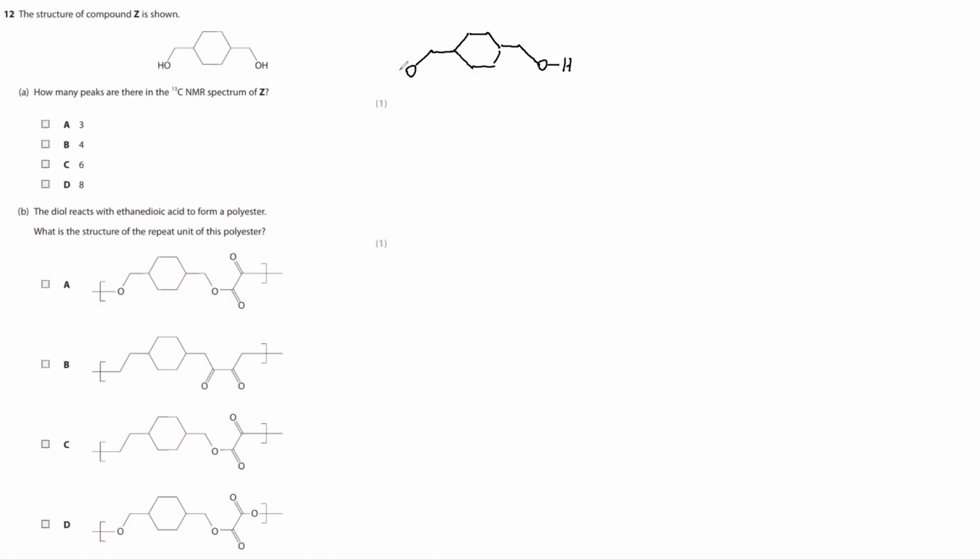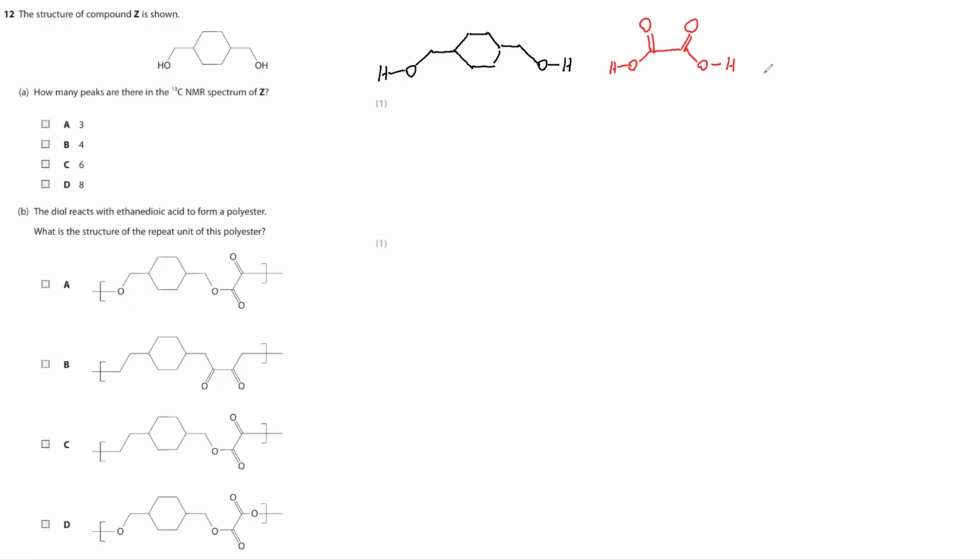I just expand this OH group. Okay, with ethane dioic acid. Ethane dioic acid means you have 2 carbon atoms, and those are carboxylic acid. So this is also double bond oxygen and OH group. So I'll draw another set of molecules like that.